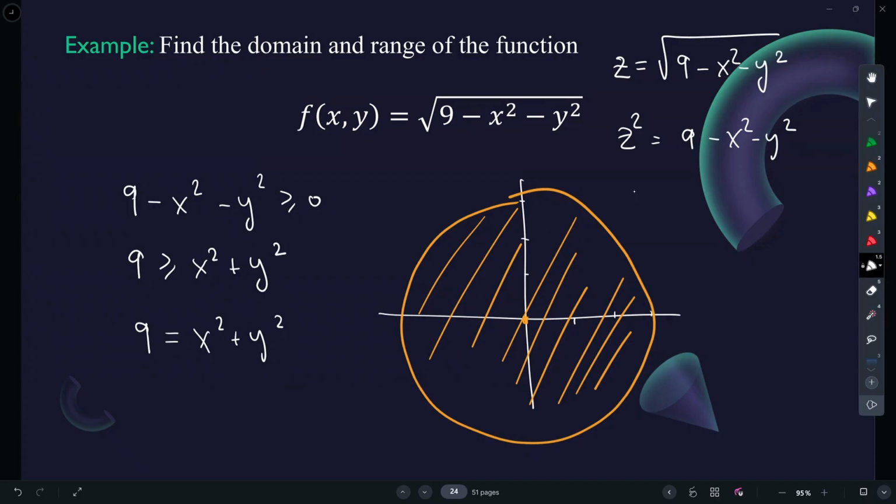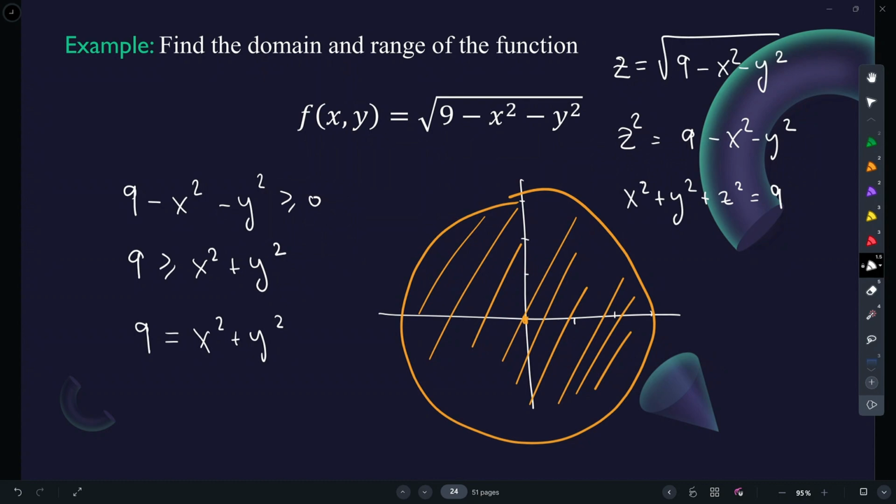And what this represents is x squared plus y squared plus z squared equals 9, which is the equation of a sphere of radius 3. So the graph is going to be a sphere of radius 3.